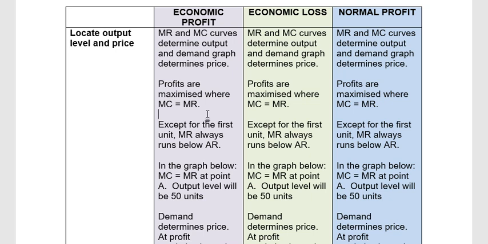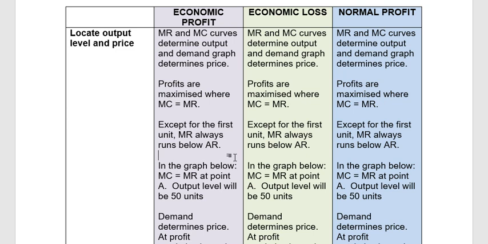In all market structures, profits are maximized where marginal cost and marginal revenue are equal. Again, except for the first unit, your marginal revenue is equal to the price, but every unit after that, your marginal revenue is always less than the price, and that is why your marginal revenue curve runs below your average revenue curve.